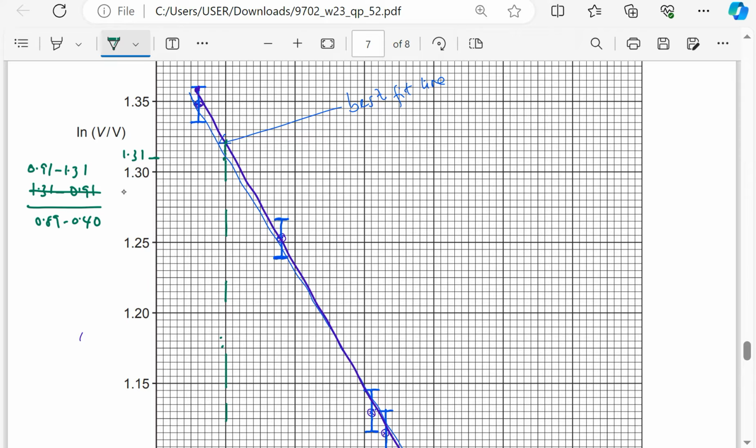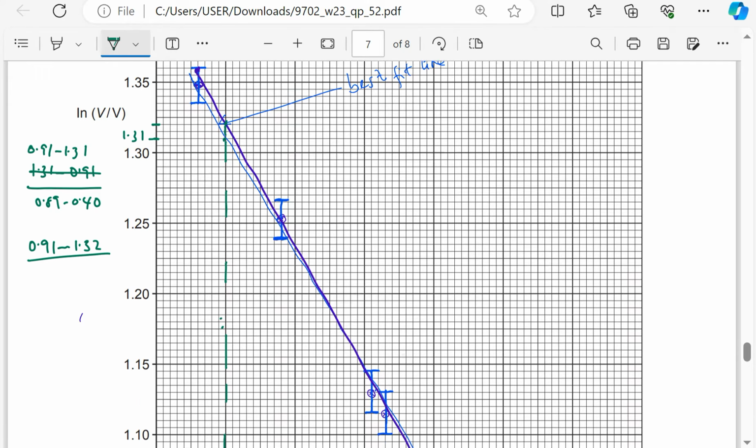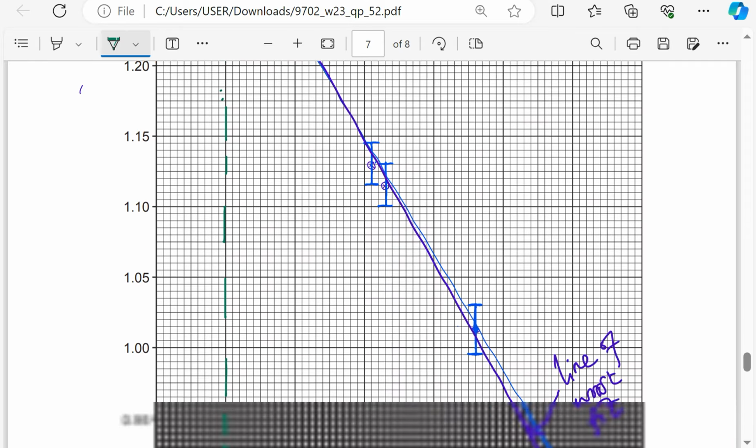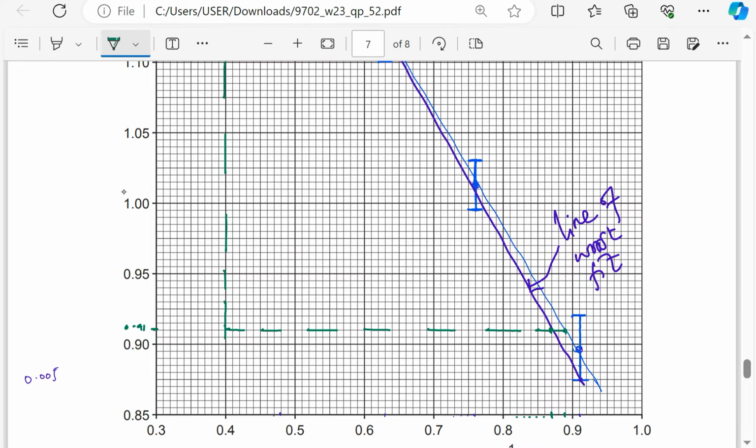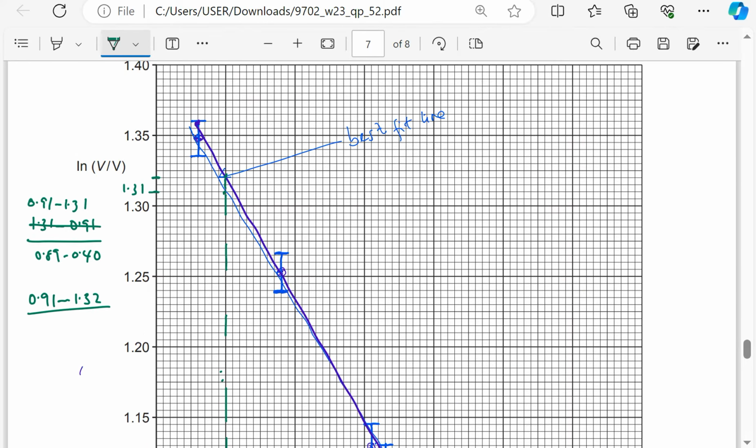For the worst fit, it is 0.91 minus 1.32. On the x-axis, it is 0.87 minus 0.4.